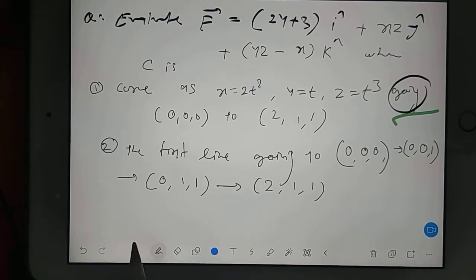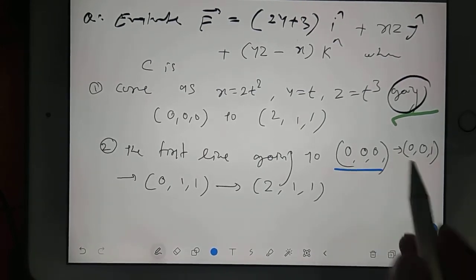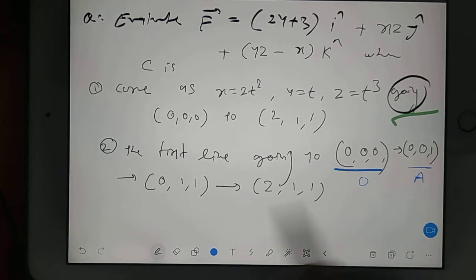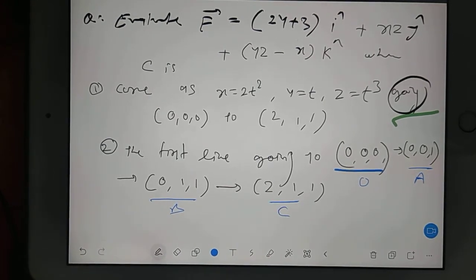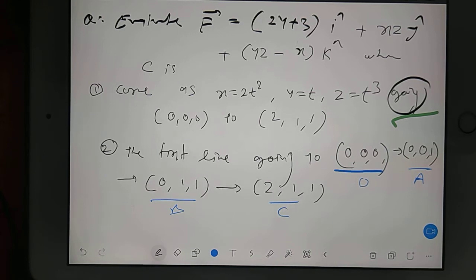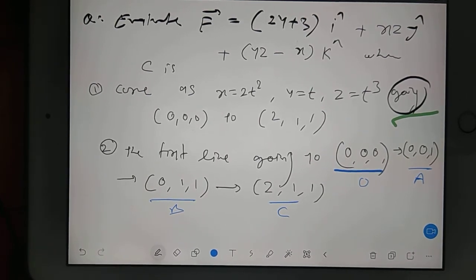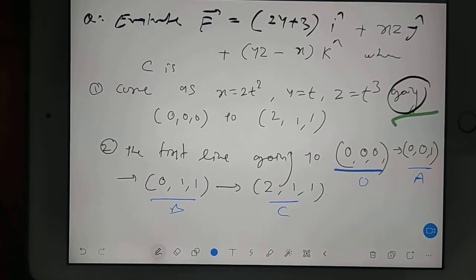If this kind of question is given, the first origin you consider as O, the next point as A, the next point as B, and the next point as C. So that will be the curve. Copy down, then I'll change the page. This is the question.